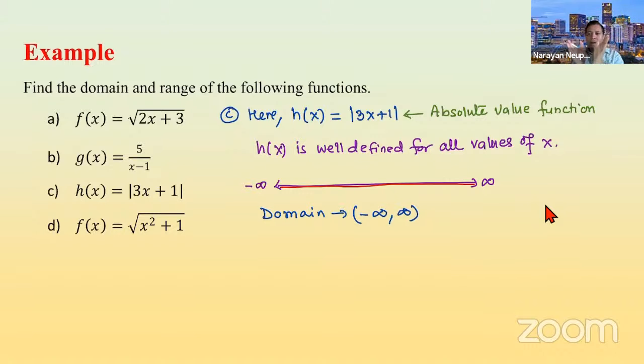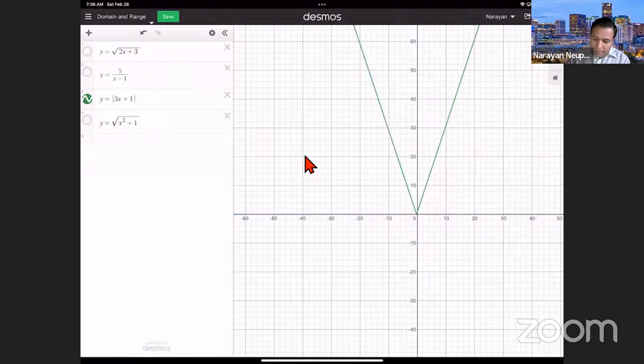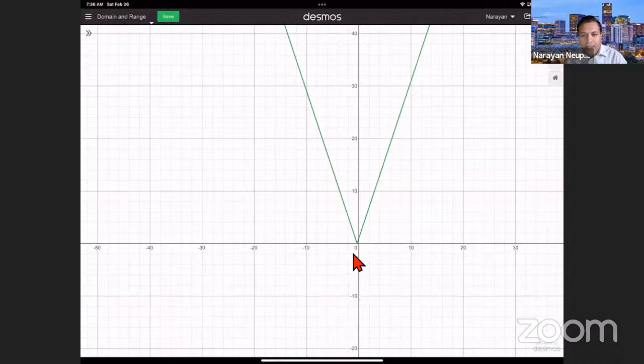The graph of the absolute value function will be a V-shaped graph. It will start at a point and go all the way up to +infinity and -infinity. That is the meaning of that. You can also check the graph quickly here. Let me show you the graph. You can see the graph is extending like this.